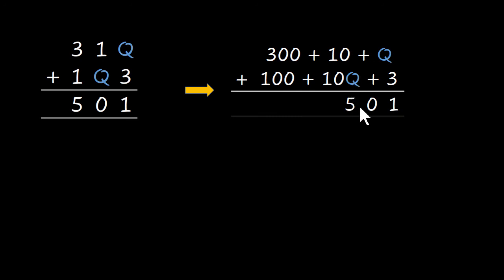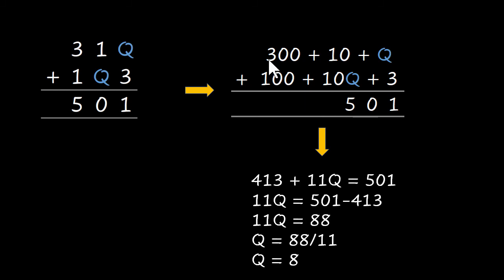Now, if you simplify this, what can we get? If you just add these two, when you add 300 plus 100, you get 400 plus 10, 410 plus 3, 413, which is what we have here. When you add 10Q plus Q, you get 11Q.